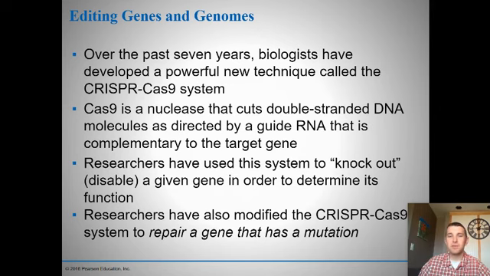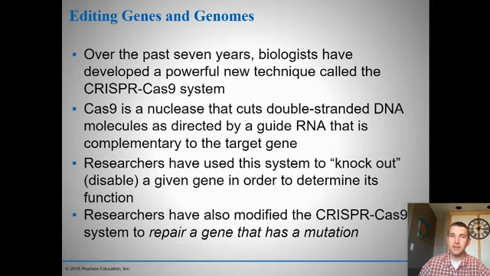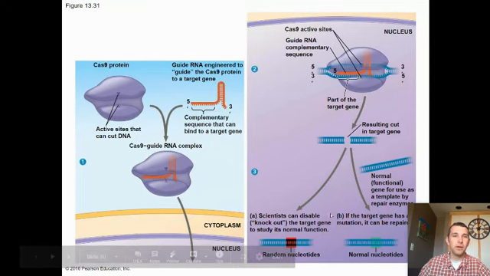In the past few years, we've also been working with this to repair genes. So think about somebody who has a debilitating disease that's genetic. This system can edit their DNA. So let's take a look at what goes on with there.